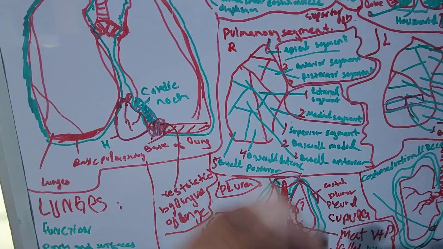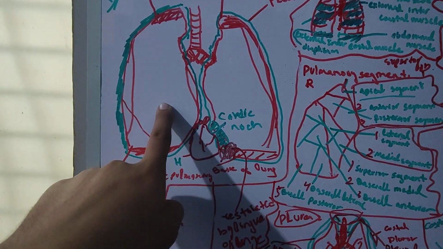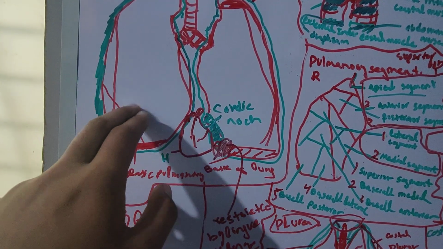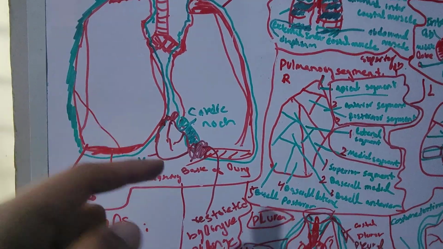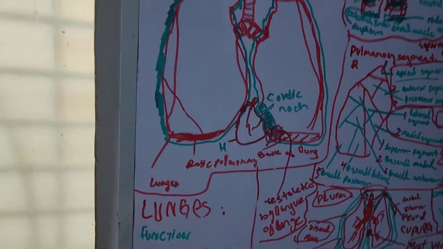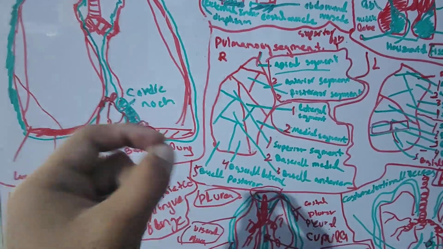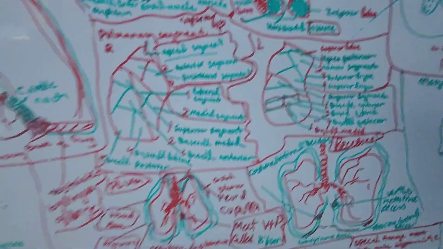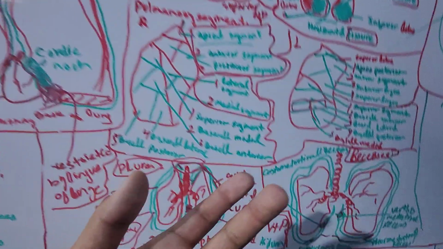External respiration is when the gases go from the lungs to the blood, and from the blood the gases go back to the lungs. Then we have internal respiration, where the gases, like oxygen, go into the cells, and from the cells come back to the blood. It's called internal respiration.